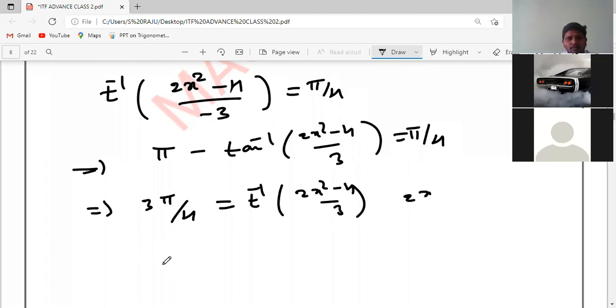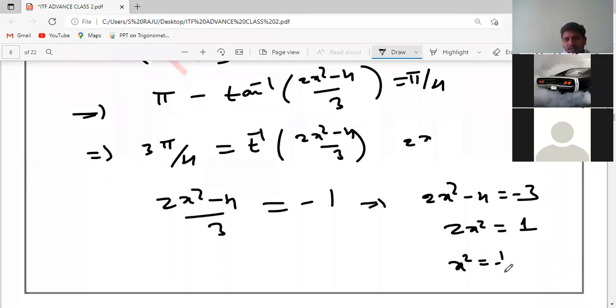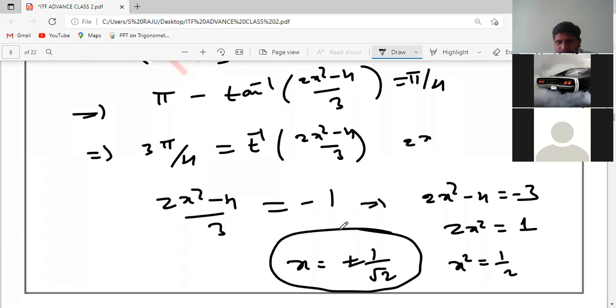So 2x square minus 4 by 3 is equal to tan 3 pi by 4 value, which is minus 1. Am I right? Which implies 2x square minus 4 is equal to minus 3. Then 2x square is equal to plus 1. x square value is 1 by 2. Then x value is plus or minus 1 by root 2. Am I right?